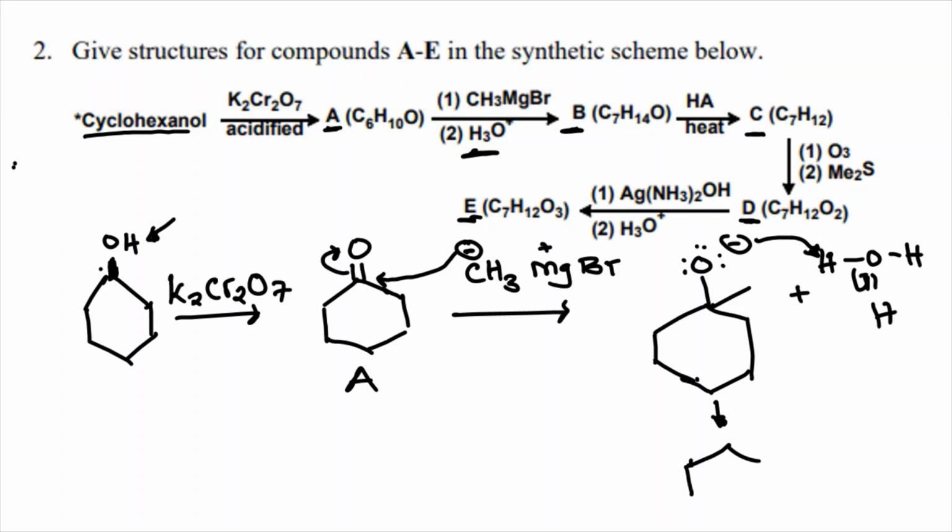So this compound here is what you're going to produce. So there will be an OH here and a methyl. So this here is compound B. Then this compound B is going to be treated with an acid.